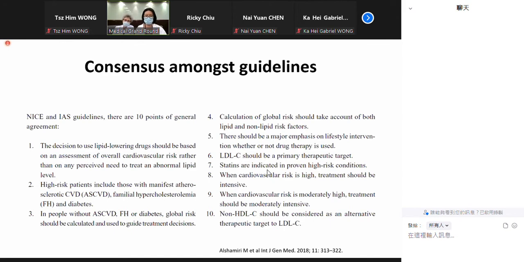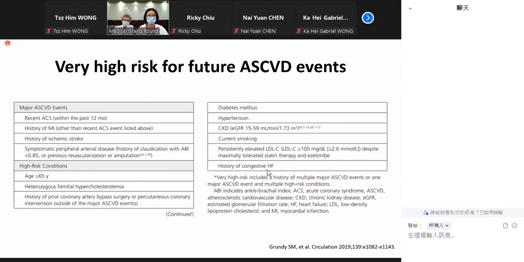And the intensity of statin treatment should be gauged on the patient's cardiovascular risk. Obviously, someone who's got established ASCVD, you would consider much more potent, high intensity treatment. So who are the people at very, very high risk of future ASCVD events?